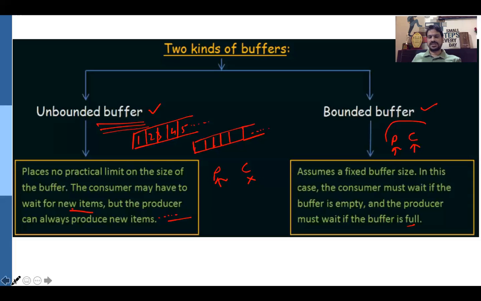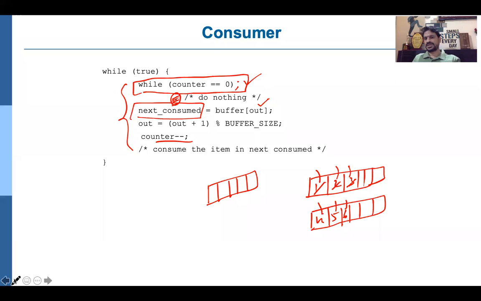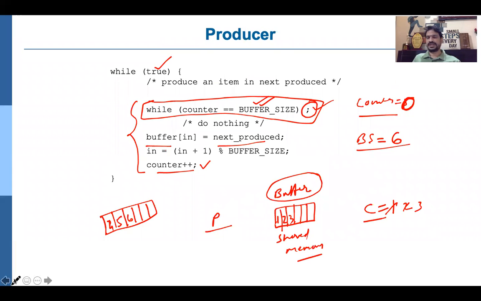In this, we'll see what the issues are in the shared memory concept, and what the issue is in the producer-consumer problem. And we'll see how we can make our system adopt the concept of cooperative processes.